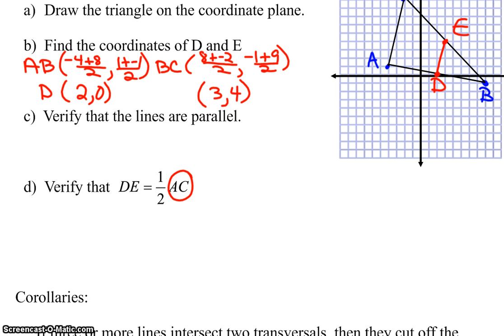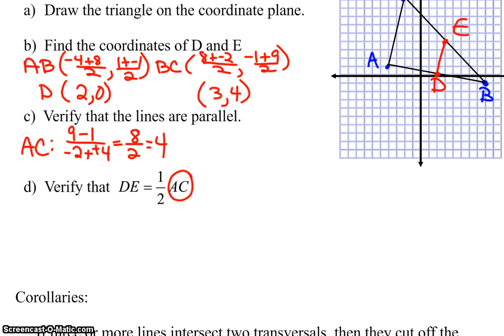For the slope of AC, I'm going to do the difference of the y's over the difference of the x's. So that's going to be 9 minus 1 over negative 2 minus negative 4, which is 8 over 2, which is 4.